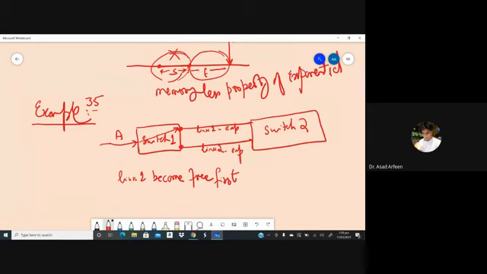You need to think about this. Since you are given that the link service times follow an exponential distribution, you can take advantage of two things. One is the memoryless property of the exponential distribution.